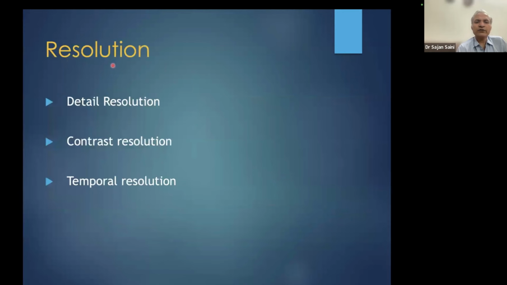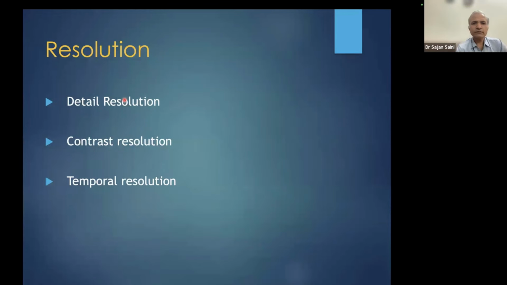Now coming to resolution, I have discussed that there are various types of resolutions. We will discuss the contrast resolution, where we will deal with the attenuation and gain associated with it. But in this section, we will first deal with the detailed resolution. The detailed resolution deals with the ability of the ultrasound to identify the details of the anatomical structure, so identify two separate objects as two separate objects.